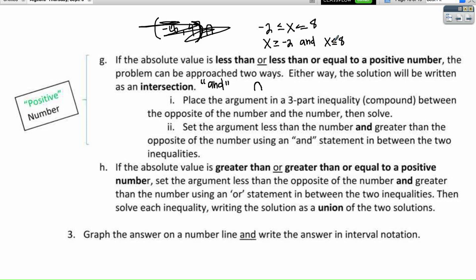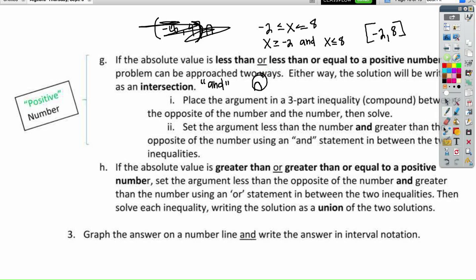Well, sometimes when they write it in interval notation, this would be saying that it's going to be negative 2 to 8. But sometimes they write it out with this symbol in between, and it means and. You don't see it quite so much here, but you'll see that symbol a little bit later, and I want you to understand what that symbol means.